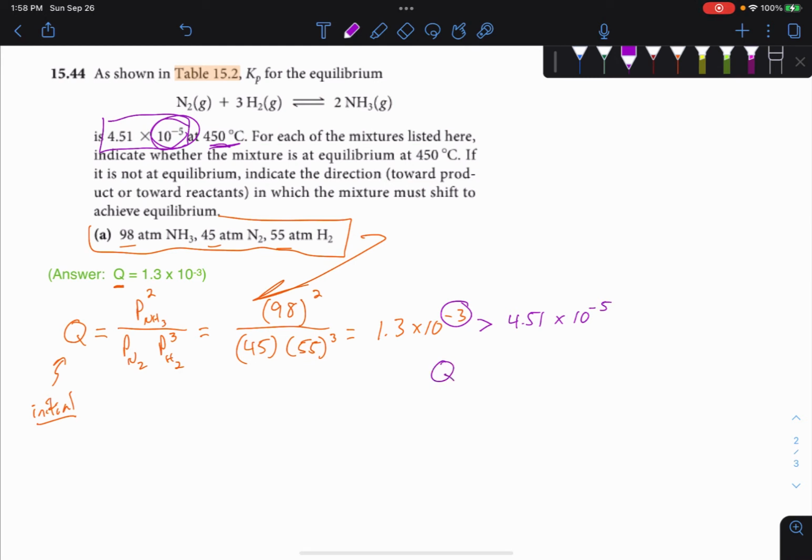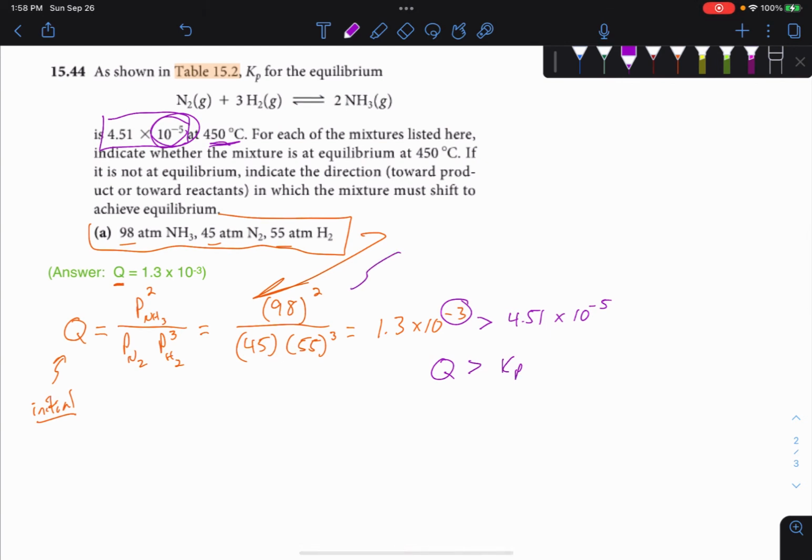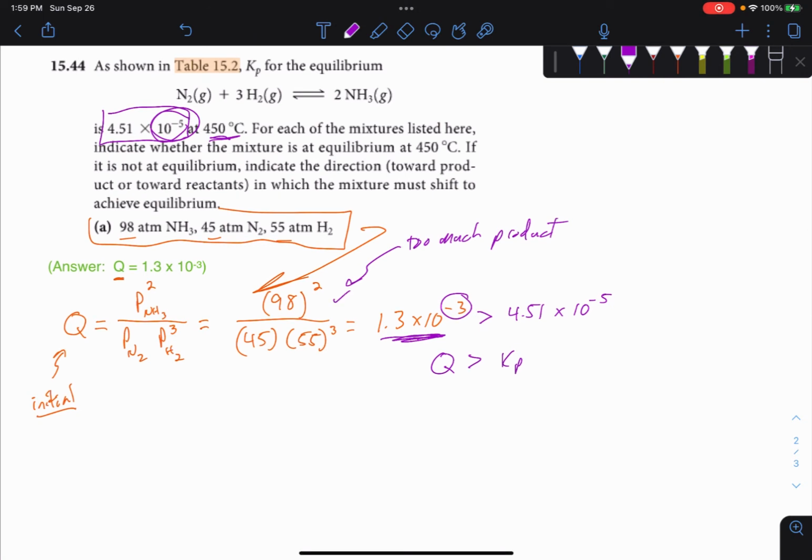So what we say is Q is greater than Kp. Well, if Q is greater than Kp, then essentially what it's telling us is there's too much product in this expression. If this value is greater than what it should be, then thinking of it simply as a mathematical relationship, it just means the numerator is larger than it should be. So if this is large, then to reach equilibrium, it's going to shift back toward the reactants.